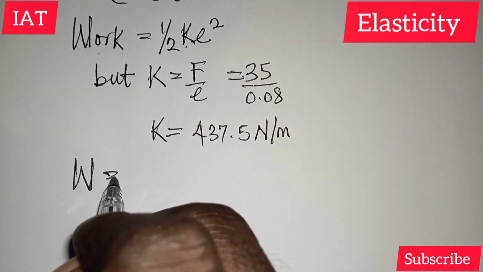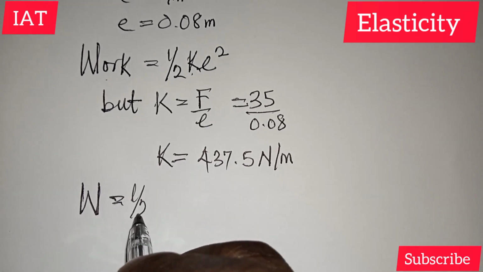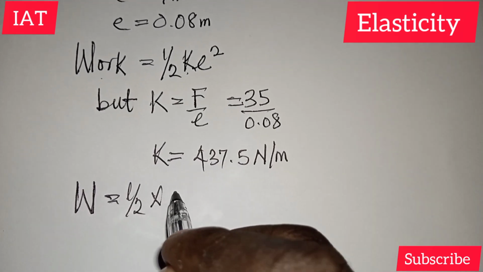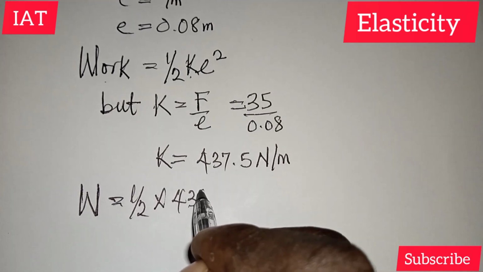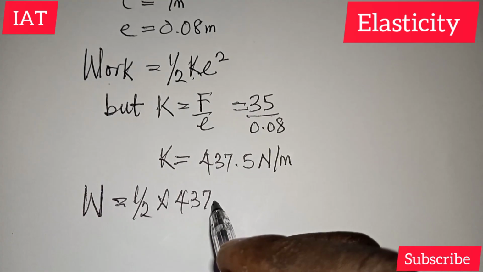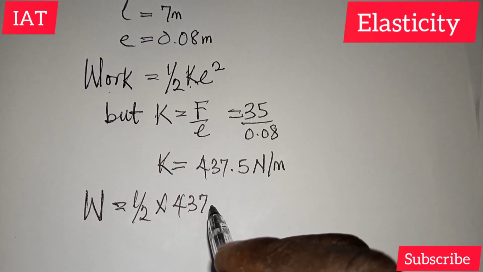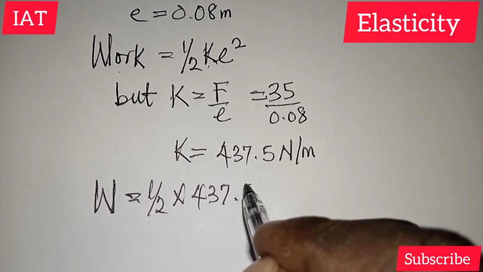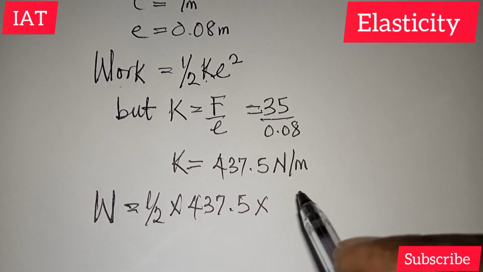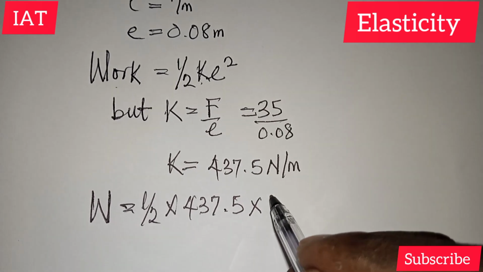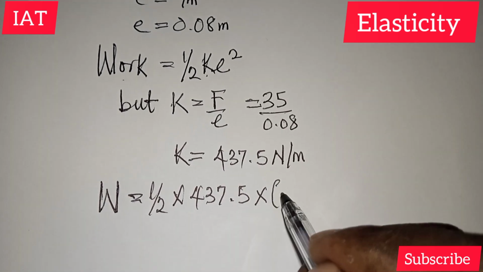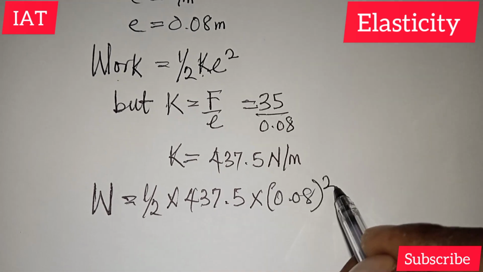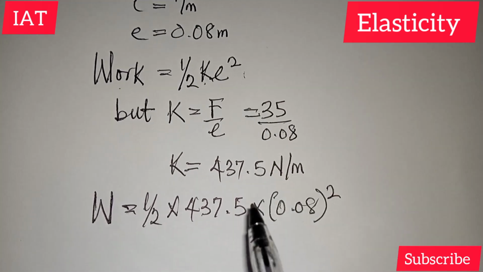Work done is equal to half multiplied by the value of K, which is 437.5, times the extension, but we see the square there. That means we have 0.08 all squared, because of this square in the formula.